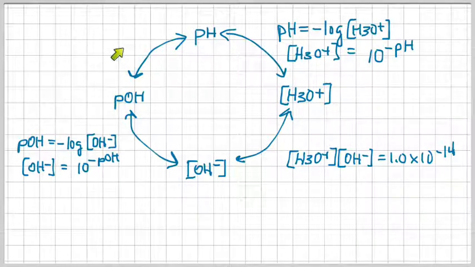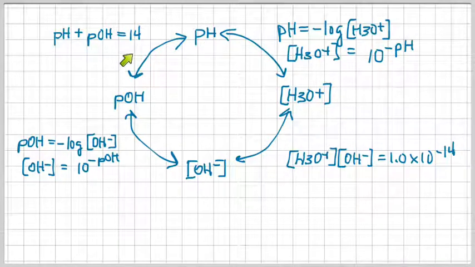And then up here, this is what I showed you, a derivation from this. And this is my favorite because it's just very simple. pH plus POH equals 14. But what if you're given pH and you need POH? If you're given pH and you need POH, just stick pH in here. POH will be 14 minus pH.